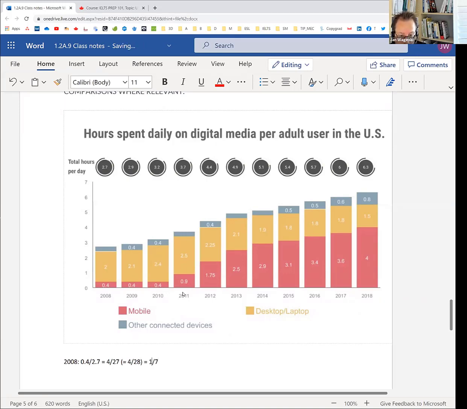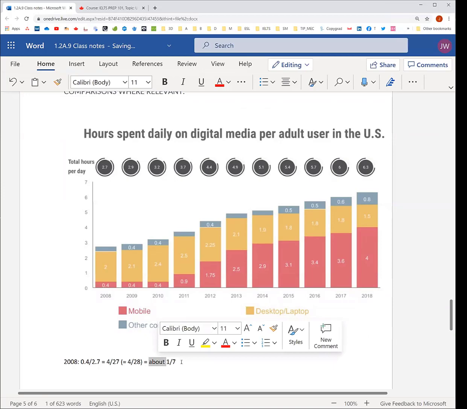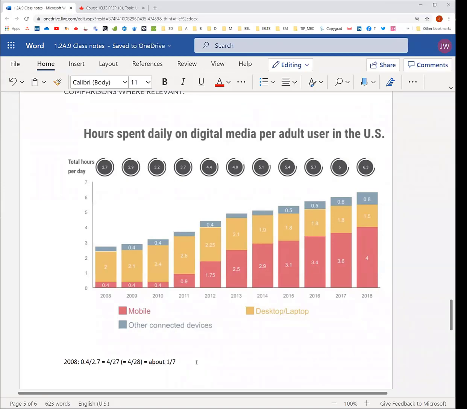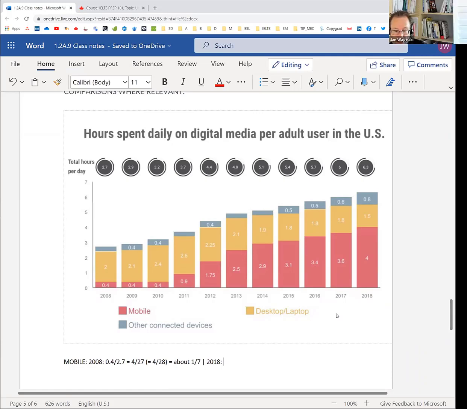So equals, and we're going to use the word about, because it's not exact. Okay, now how about in year 2018? What's the fraction in 2018?